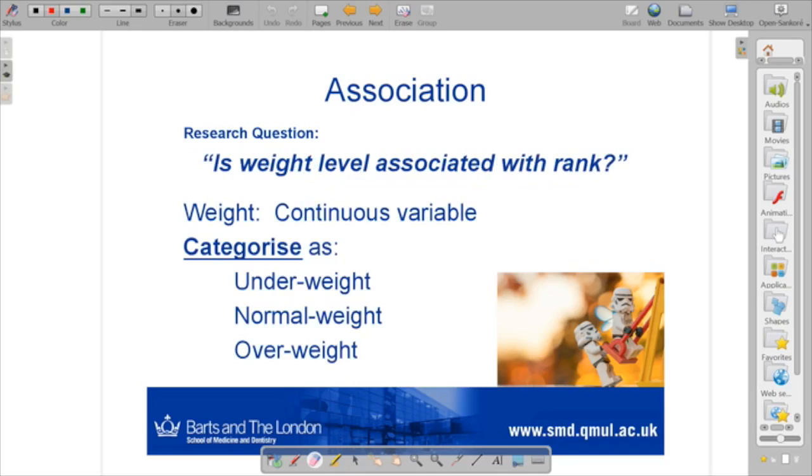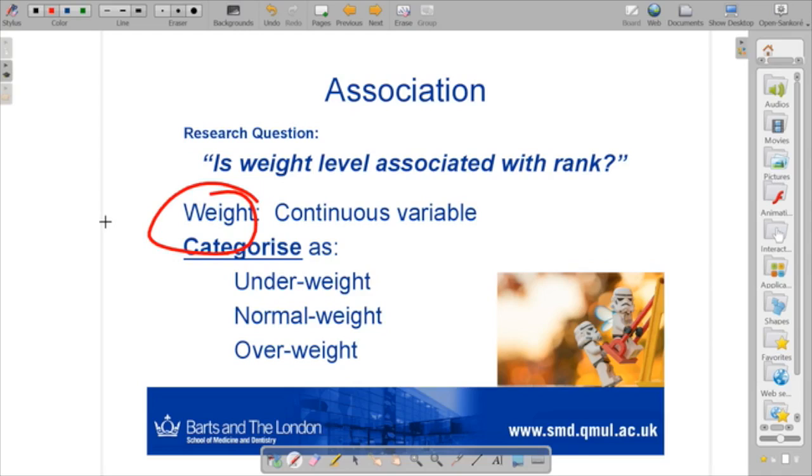Now, one of the flexibilities of the test we're about to look at is that it can work with categorical variables. However, we have weight, which is a continuous variable.